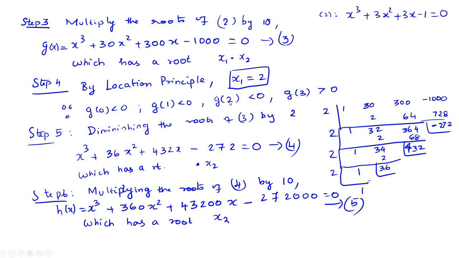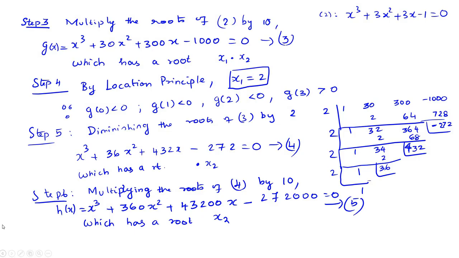So that should lie a root between 2 and 3. So that is why you are taking x1 as 2. Now diminishing the roots of this by 2, then you arrive at this. This one has a root point x2, because we have reduced, so point x2.